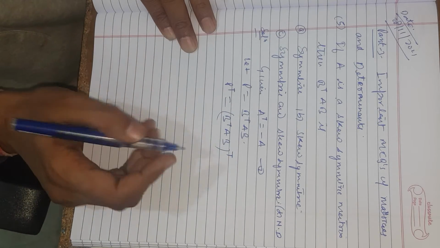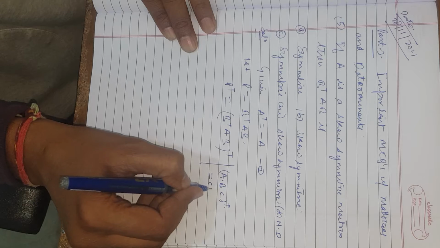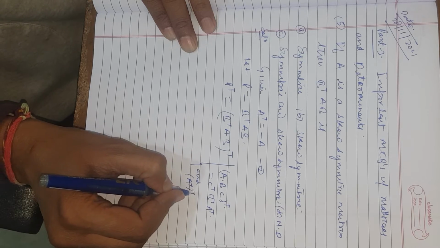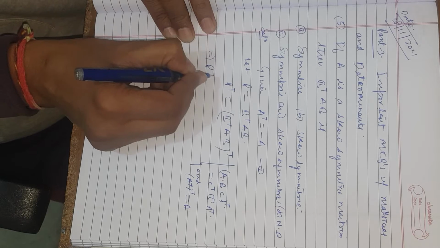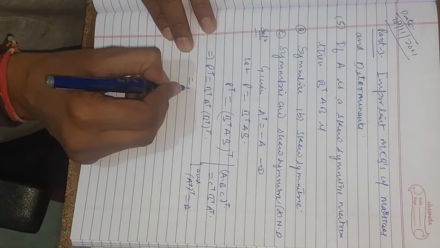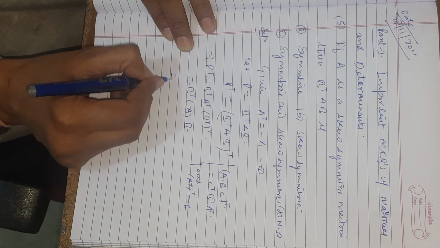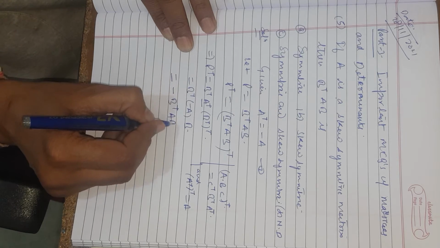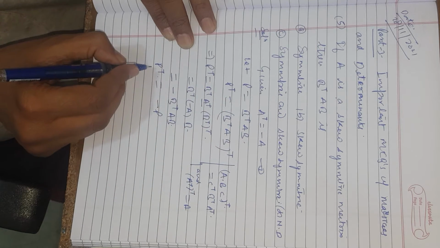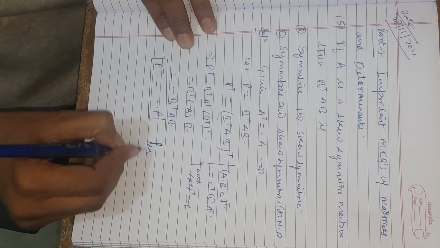We know the transpose of A into B into C is equal to C transpose B transpose A transpose, and also the transpose of A transpose is equal to A. Therefore P transpose is equal to B transpose A transpose and the transpose of B transpose, and in place of A transpose we put minus A. That will be minus B transpose AB. Taking the negative sign outside, it is equal to minus B transpose AB, which is equal to minus P. Therefore P transpose is equal to minus P, and it shows that P is a skew-symmetric matrix. Therefore option B is the correct answer.